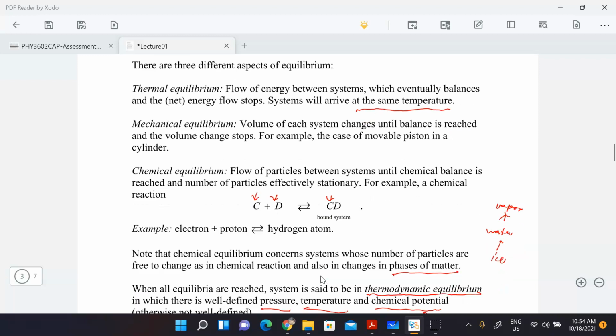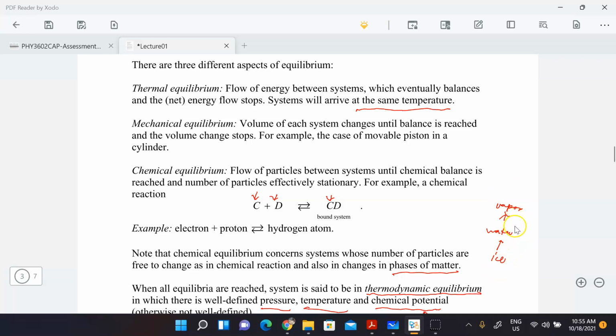So when the number of particles of such individual species has stopped changing, then we say that is a chemical equilibrium. And chemical equilibrium is not only for species of different atoms or different molecules. We can have the same type of molecules but in different phases, like ice, water, and vapor.